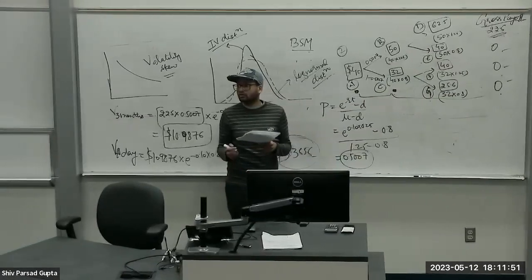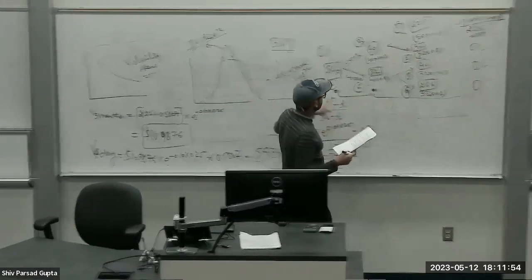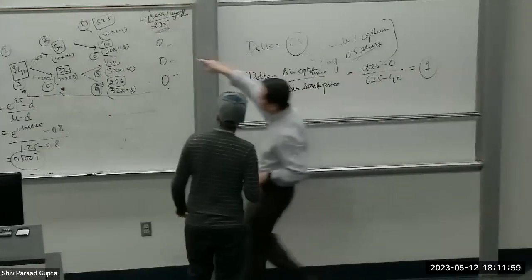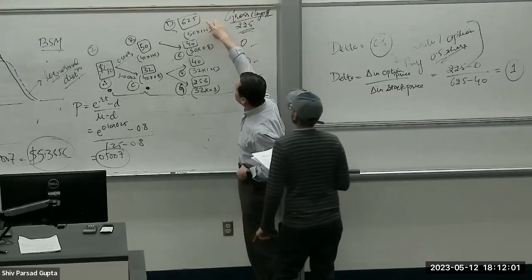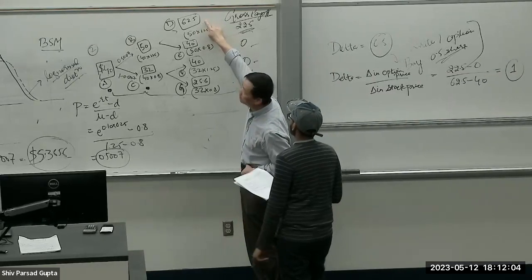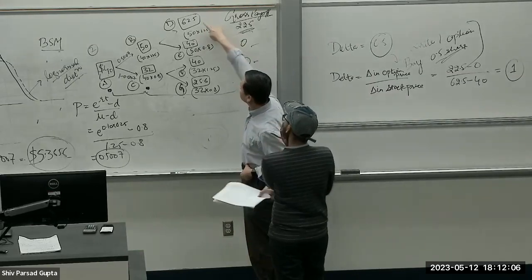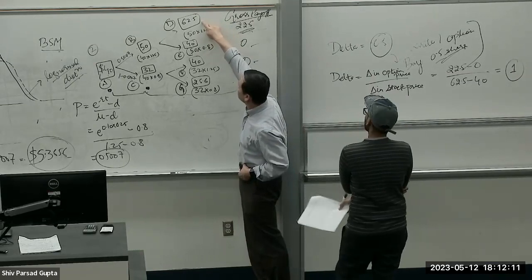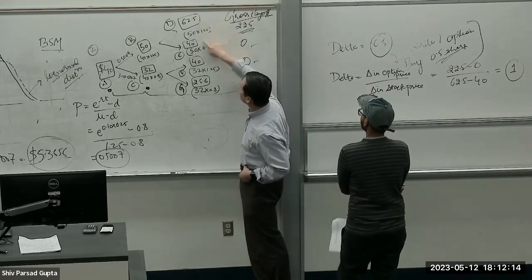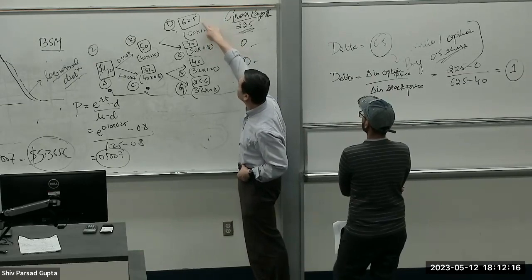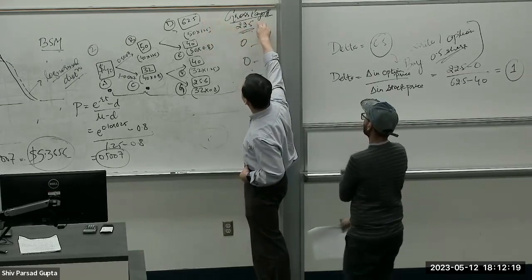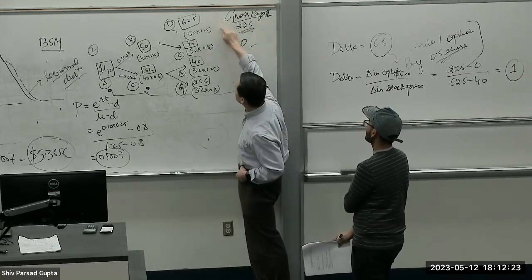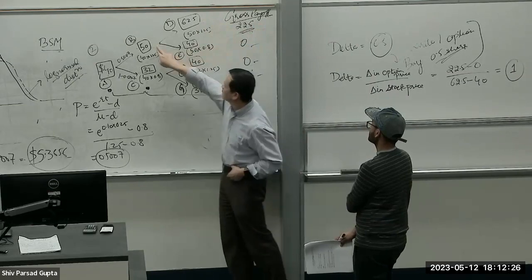This is the option value change divided by the stock price change. So you calculate delta C divided by delta S, and that gives you delta equal to 1.